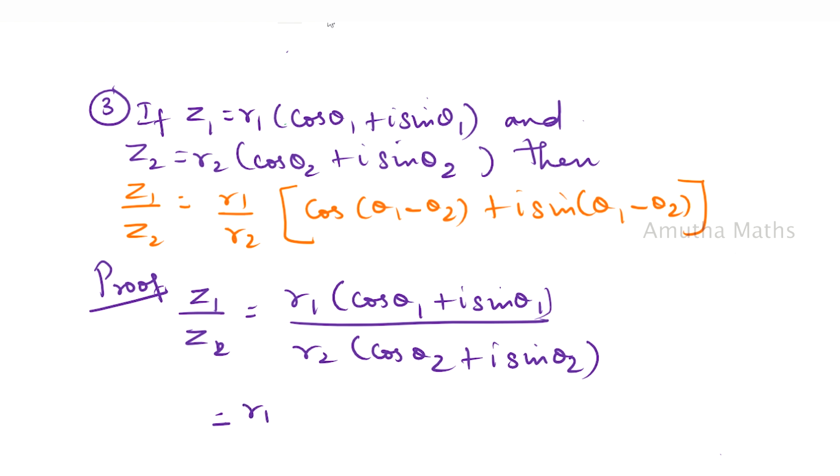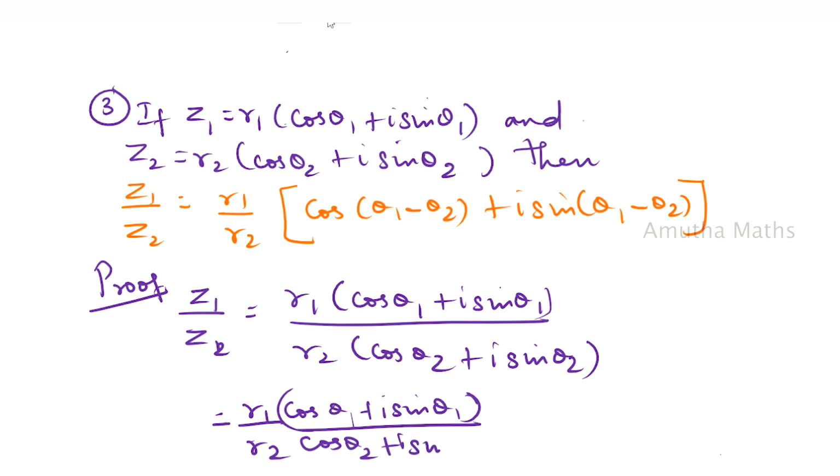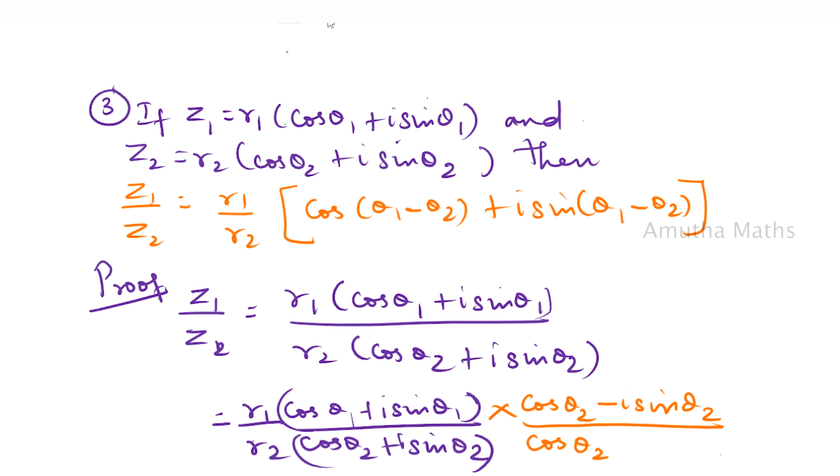So R1 by R2 into cos theta 1 plus I sin theta 1 divided by cos theta 2 plus I sin theta 2, into, what is the conjugate here? Cos theta 2 minus I sin theta 2. What is a conjugate? It is just changing the sign of the imaginary part. For conjugate, we have to change the sign of the imaginary part alone. So minus I into sin theta 2.